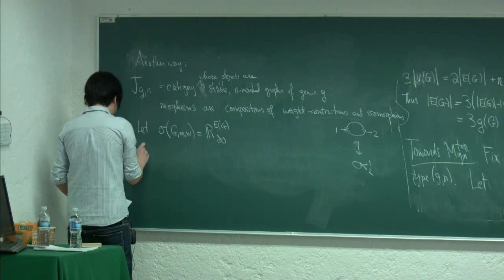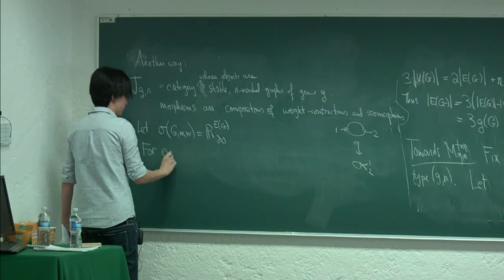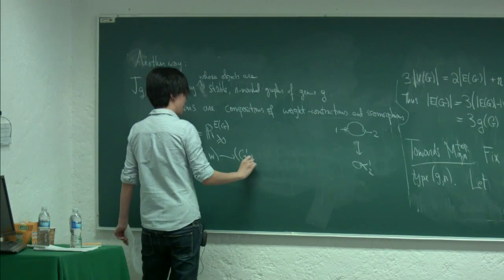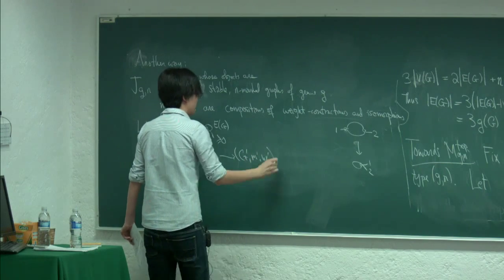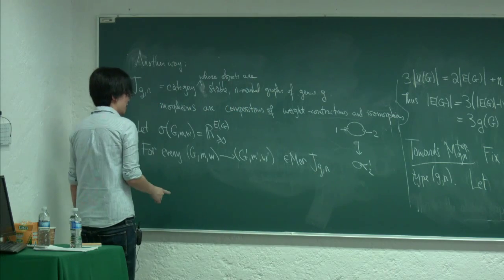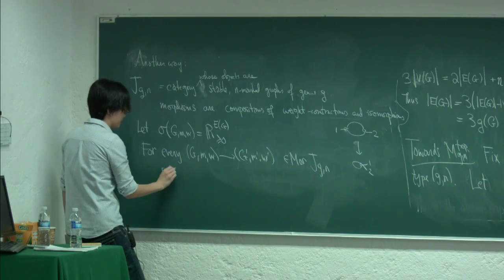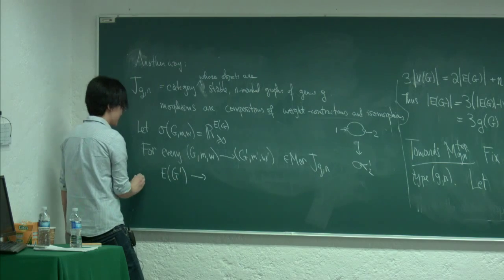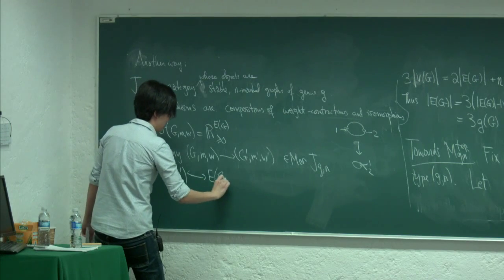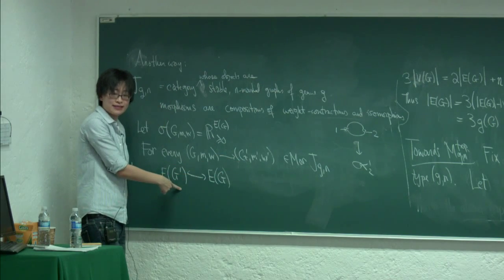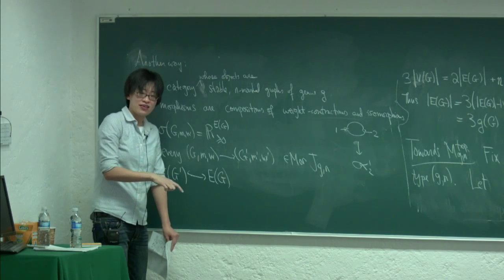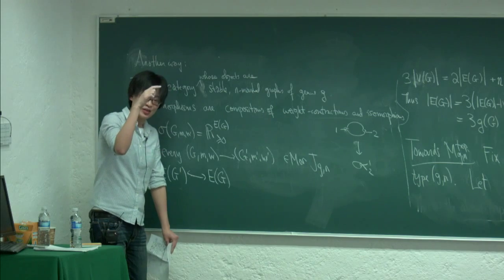And now notice that for every morphism in my category, this is a morphism of the category, there is an induced inclusion of edges of the smaller graph into the bigger one. If you look at a graph and do a weight contraction, you can identify the edges of the smaller type with a subset of the edges of the bigger type.